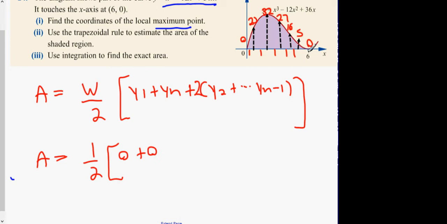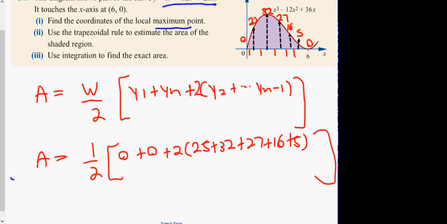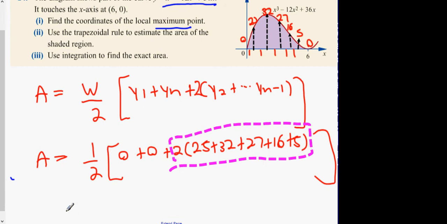The last y is also 0. Now 2 times the remaining is going to be 25 plus 32 plus 27 plus 16 plus 5. Would somebody be good enough to put that into the calculator?